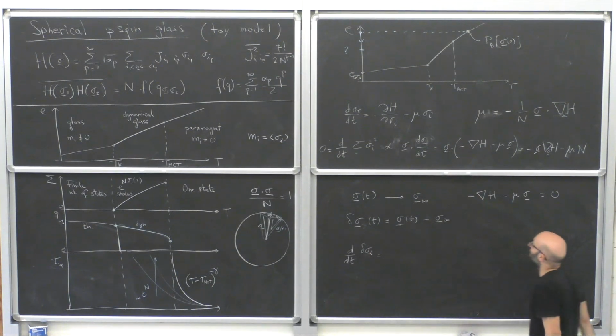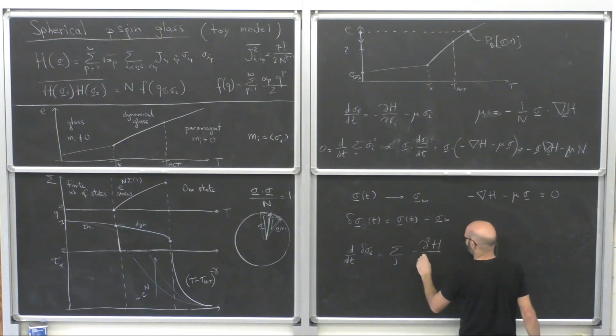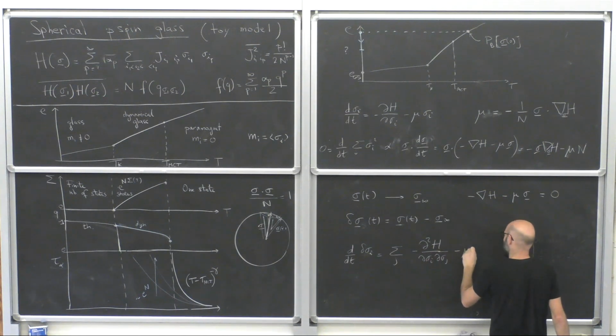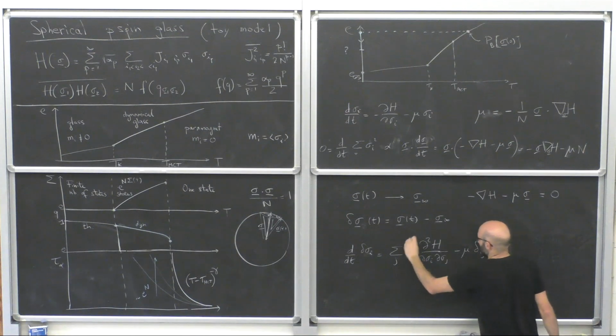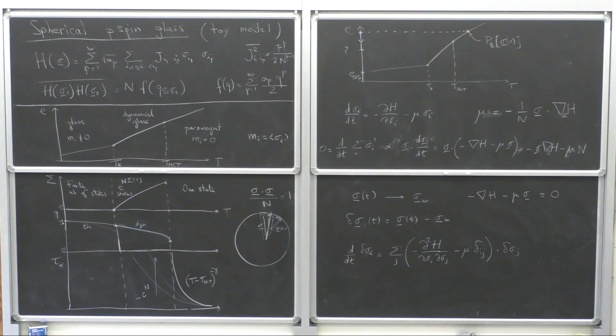Derivative of sigma i, if I linearize, I get the sum over j of minus the second derivative of h with respect to sigma i, sigma j, minus mu delta ij, times delta sigma j, right? So what I get is the Hessian matrix. I'm just doing a harmonic approximation because I'm going down to some local minimum. Let's do a study of the harmonic properties of this minimum.